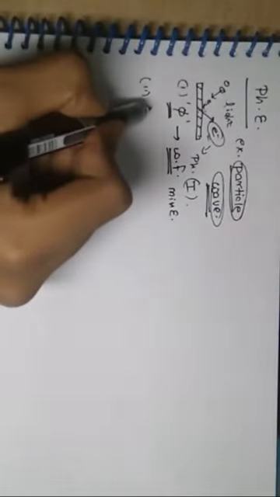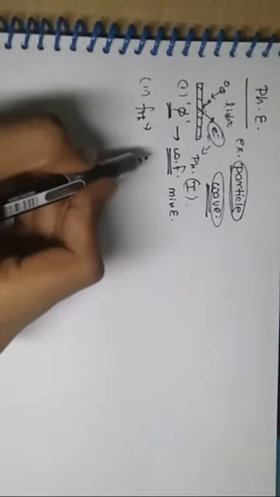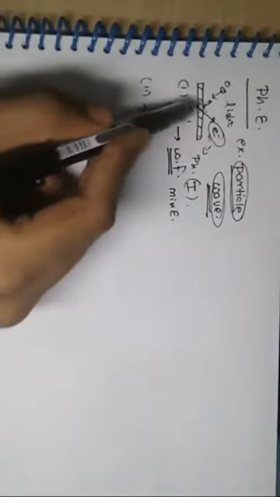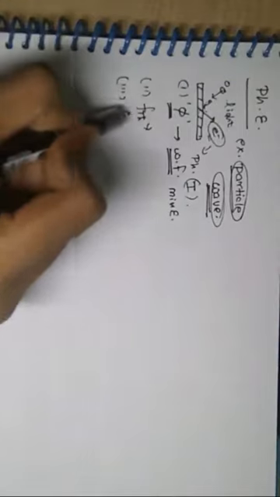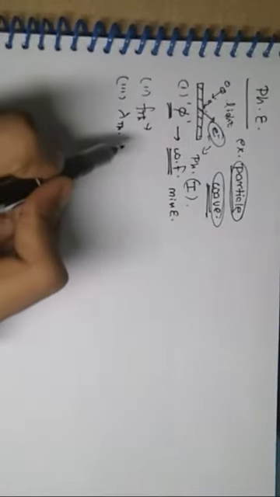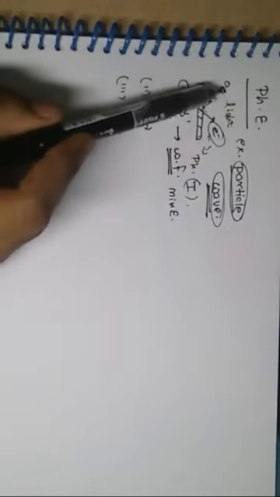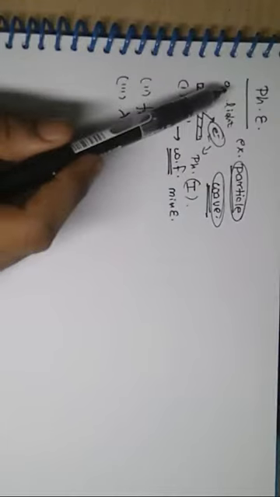Second is the threshold frequency, which is the minimum frequency of light required so that an electron may be ejected from the metal plate. The third is the lambda threshold, meaning the threshold wavelength, that is the maximum wavelength of light for which electrons are ejected from this metal surface.